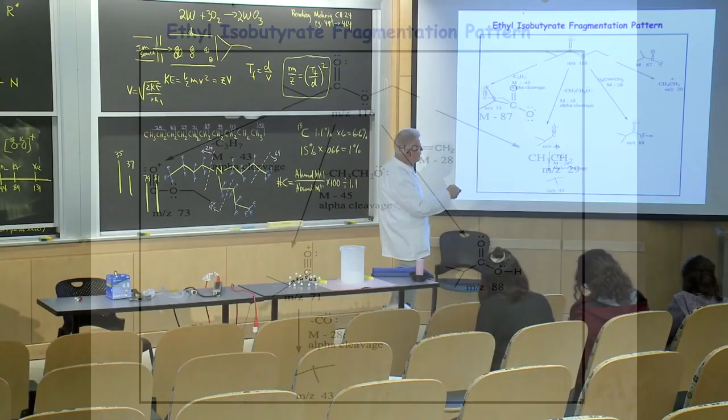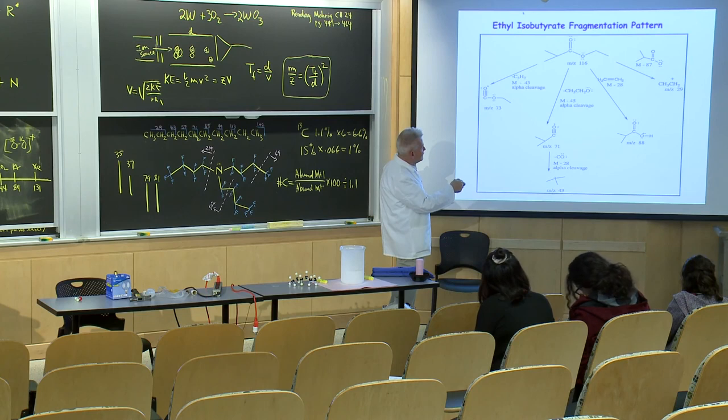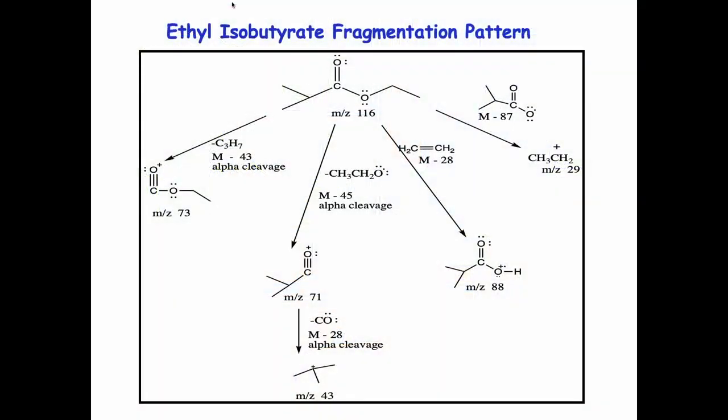And then look at this right here. You can actually lose a neutral molecule of ethylene, transfer the hydrogen back to this point, and you're losing CH2. That's an example where one piece of the molecule retains both the plus charge and radical that I talked about. And here's your fragment, your 88.